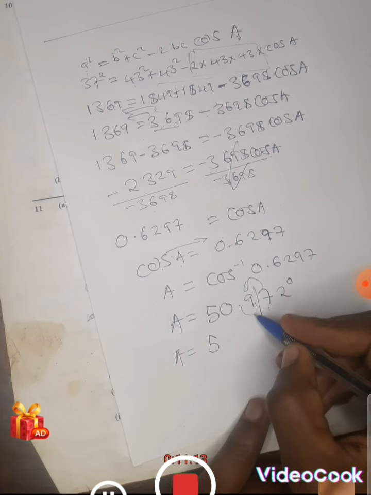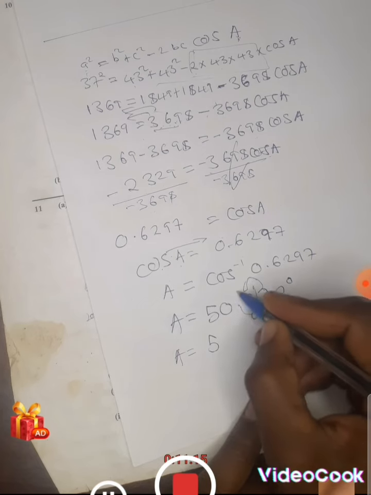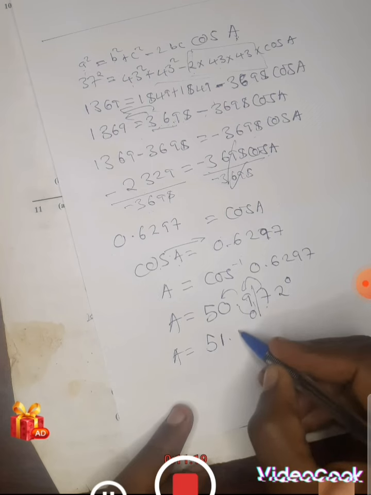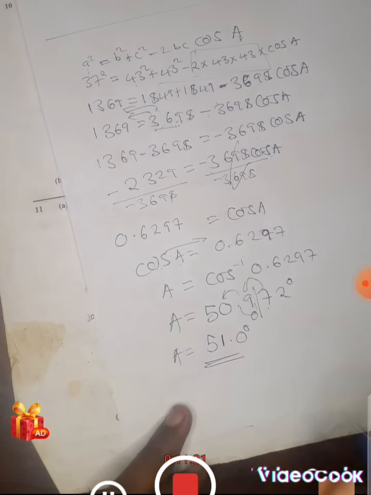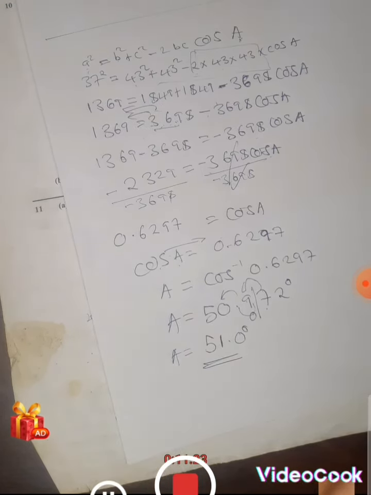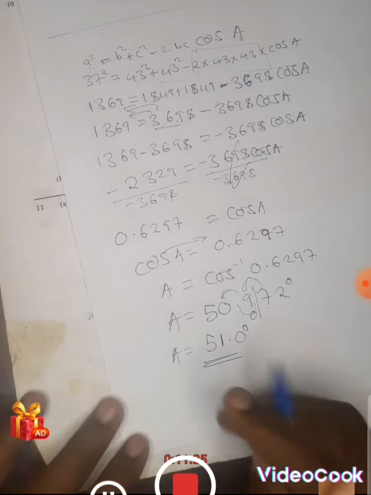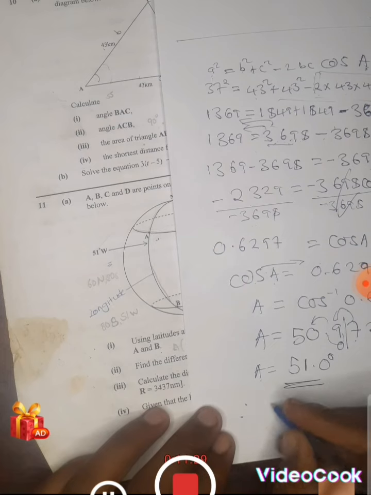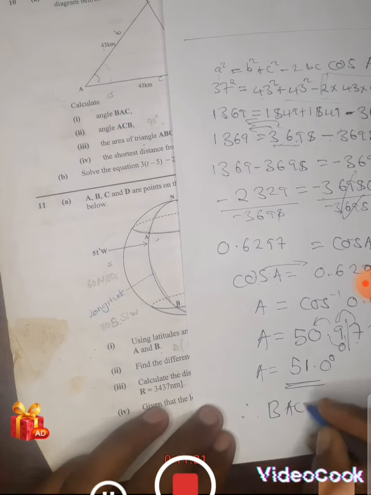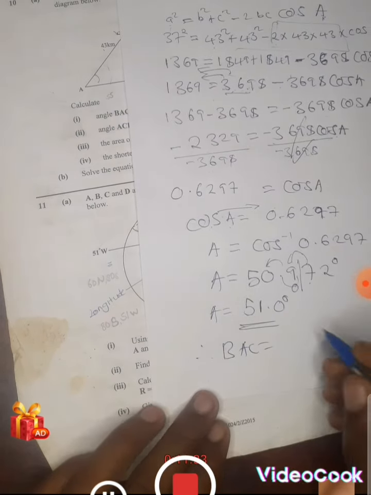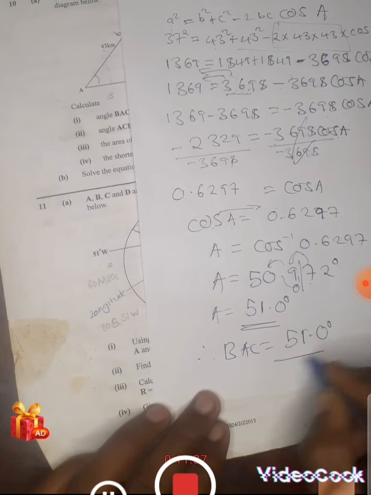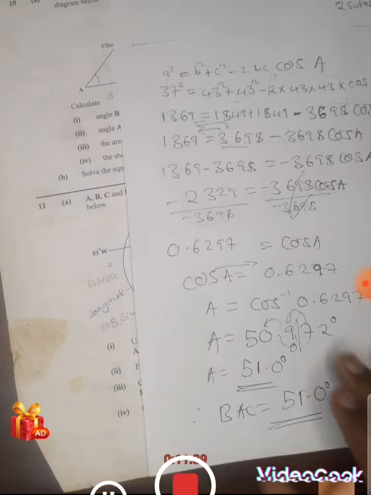You cannot write 10 there, write 0, and the 1 is given to the next number, and this becomes 51.0 degrees. So that is the answer for the angle BAC. Therefore, BAC is equals to 51.0 degrees.